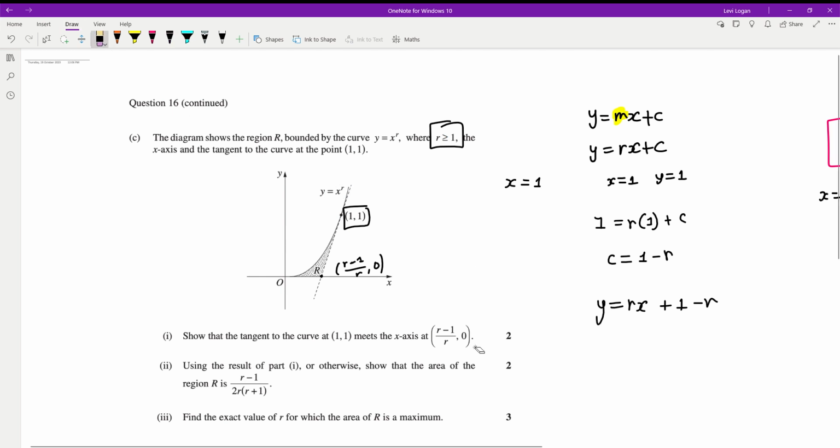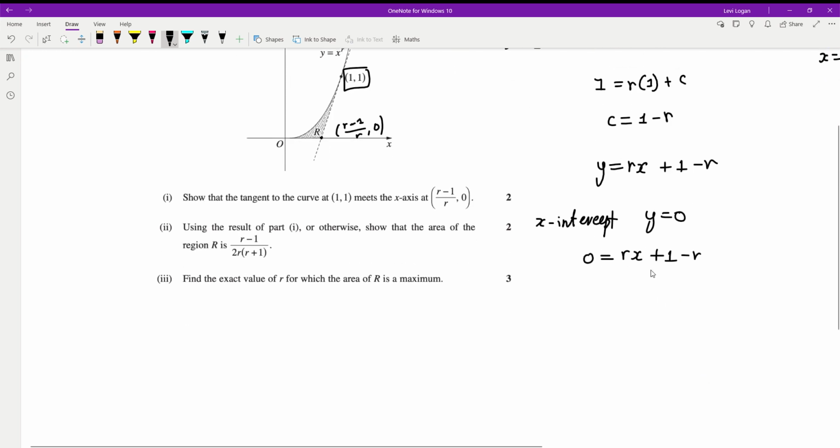Right, now we've got to find the x-intercept. The x-intercept is when y equals 0. So substitute y equal to 0: 0 equals rx plus 1 minus r. Then rearrange to make x the subject. Move the r across, so you have r equals rx plus 1.